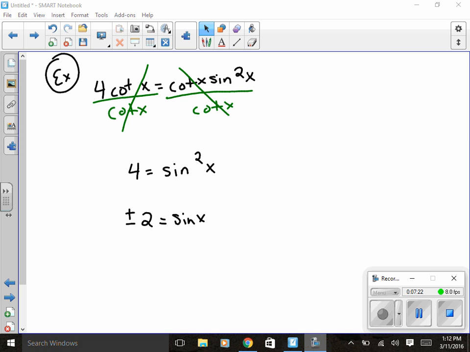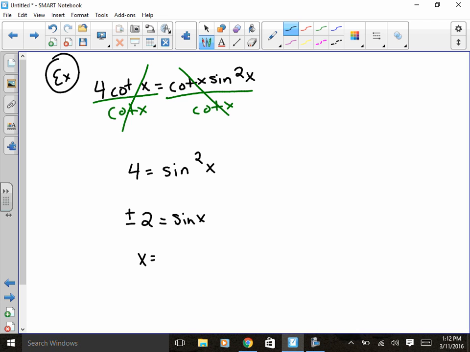Now, this one's kind of tricky, because when you're looking at this, technically on your unit circle, you never have a 2. So you need to think of it in terms of 1. Okay, so when does sine equal 1, or negative 1 for that matter? There are 2 instances where that happens. X could equal pi over 2 or 3 pi over 2.